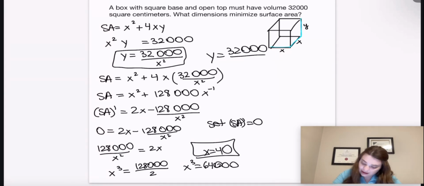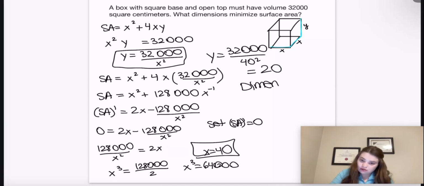So that's going to be divided by 40 squared. And then if we type that in our calculator, we get 32,000 divided by 1600, which is 20. And so therefore we get that the dimensions are 40 by 40 by 20.